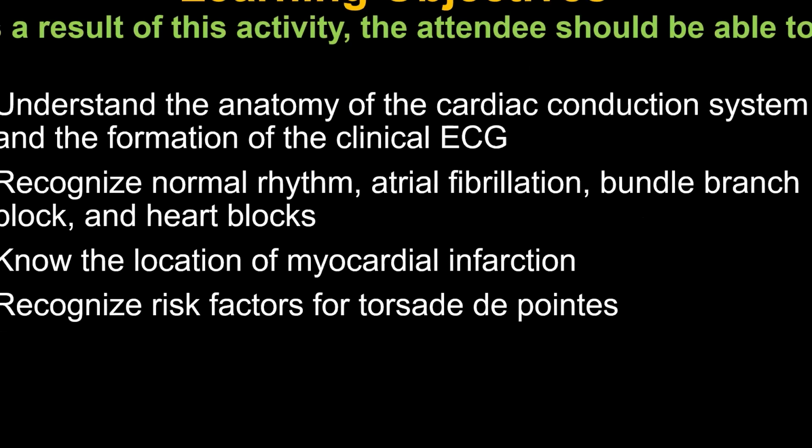What I hope to do is improve your understanding of the anatomy and blood supply of the conduction system, and to go over the formation of the clinical electrocardiogram. We hope to have you recognize normal rhythm, atrial fibrillation, bundle branch block, and some heart block.